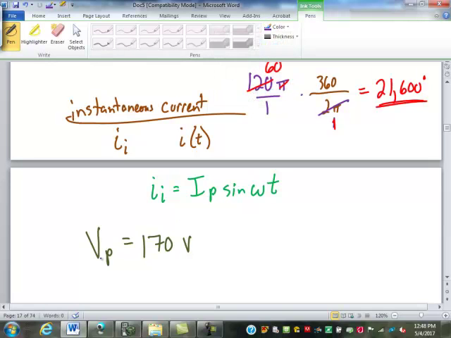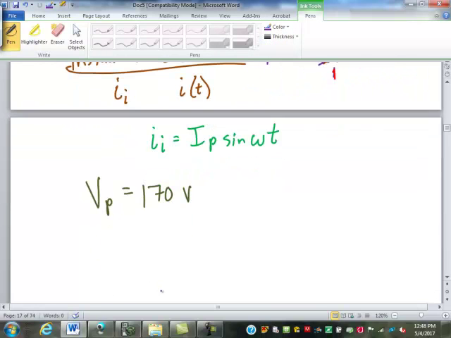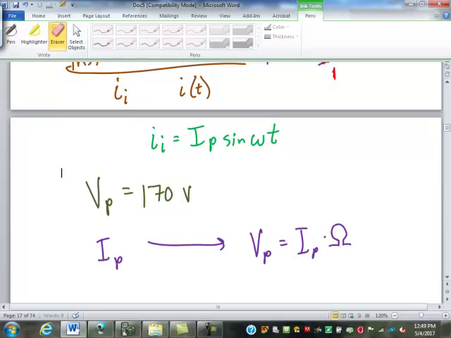That's usually spelled out. Peak current is usually found using voltage peak equals current peak times our resistance.